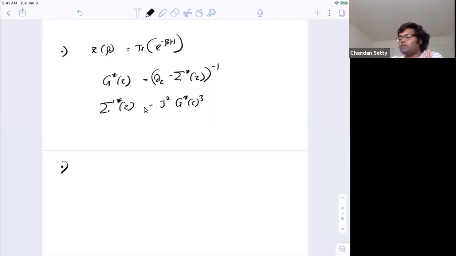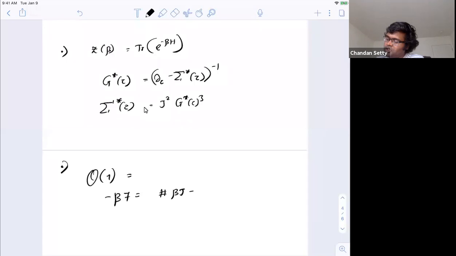Given that we are studying the problem of fluctuations about the superconducting state, what we are mostly interested in is the order 1 contribution to the free energy in the SYK model, which is simply some constant plus βJ minus 3/2 log βJ.